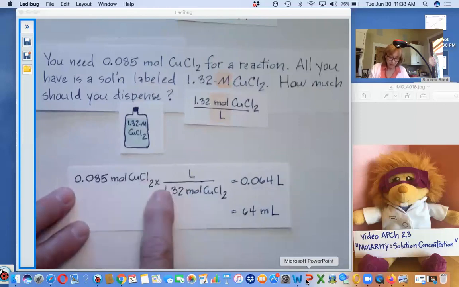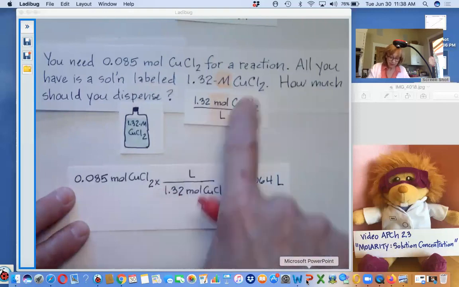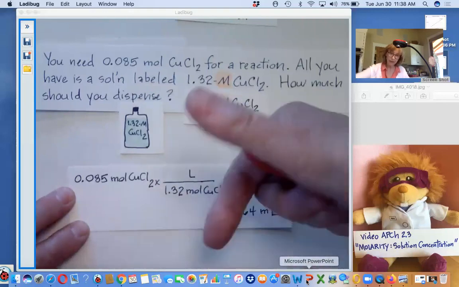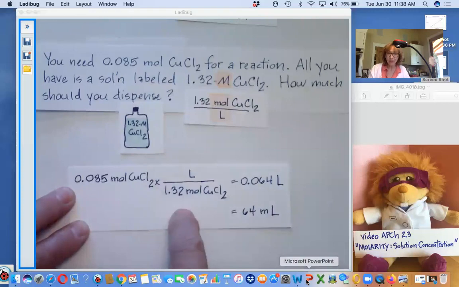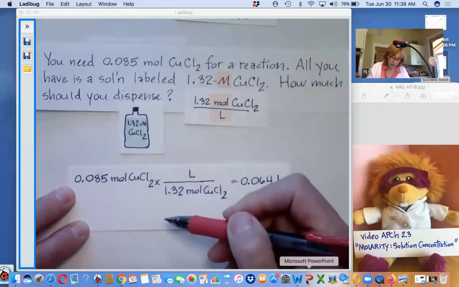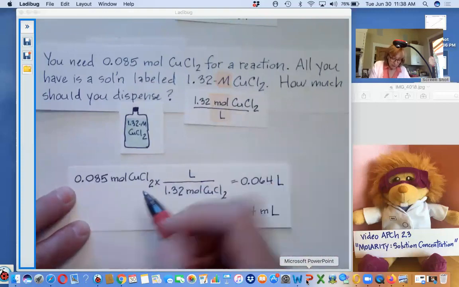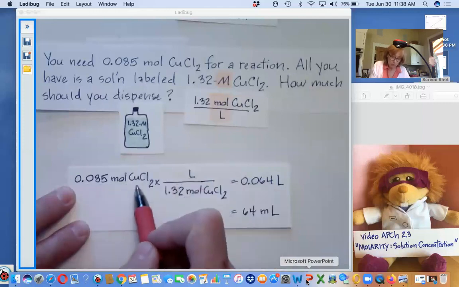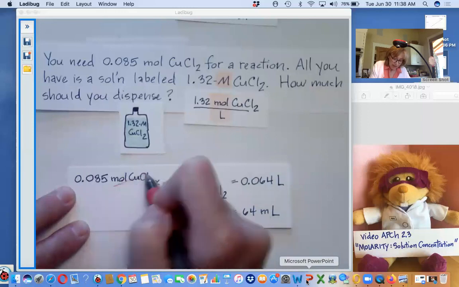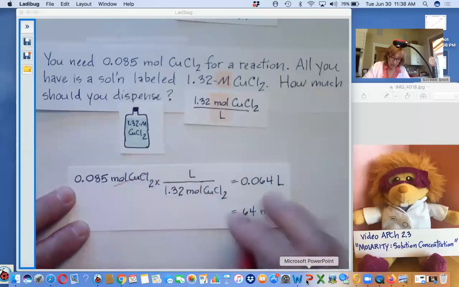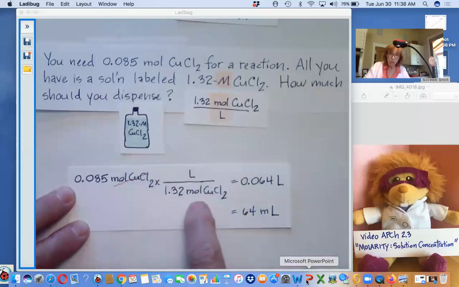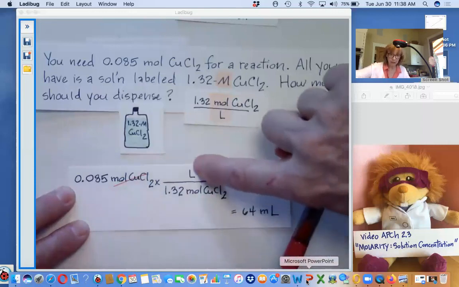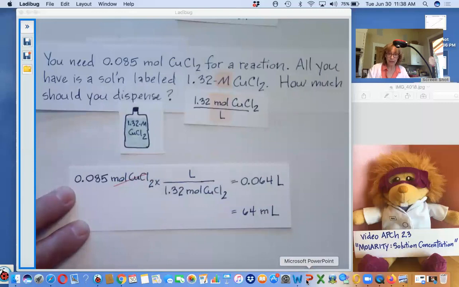And now I'm going to use my molarity, but you see how I've flipped it upside down? What I'm essentially doing here is dividing by molarity. But what's guiding me is that I'm starting with moles, and to make that unit divide out, I need 1.32 moles in the denominator per liter in the numerator.